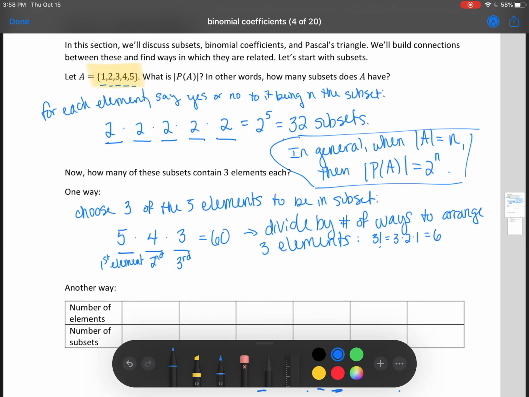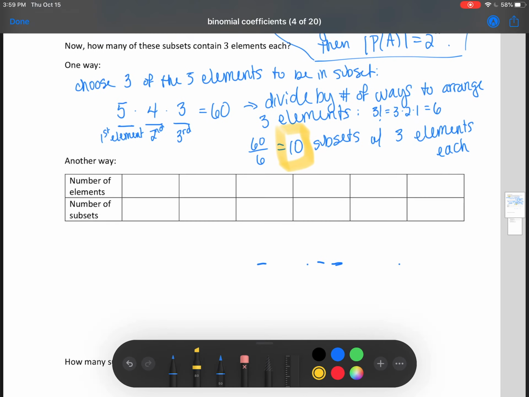So just bear with me. So we need to do 60 divided by 6, which gives 10 subsets with 3 elements each. Now this value of 10 has eliminated that problem of double counting, or over counting.